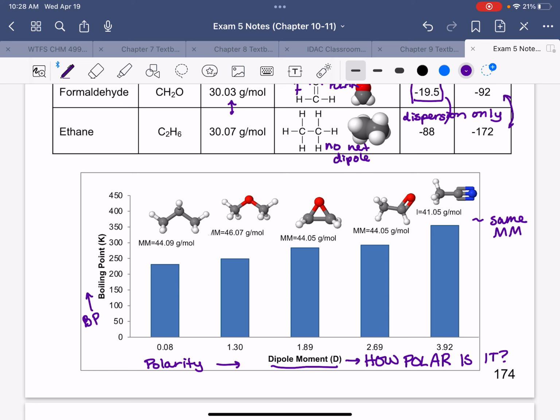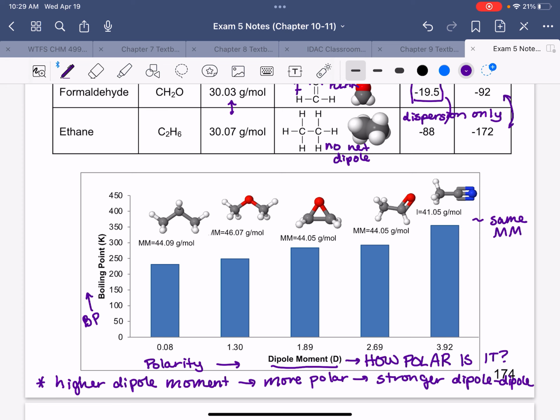So what this shows us is that if we have a higher dipole moment, then our molecule is going to be more polar. And if it's more polar, then we have stronger dipole-dipole interactions, which also means we are going to have a higher boiling point.